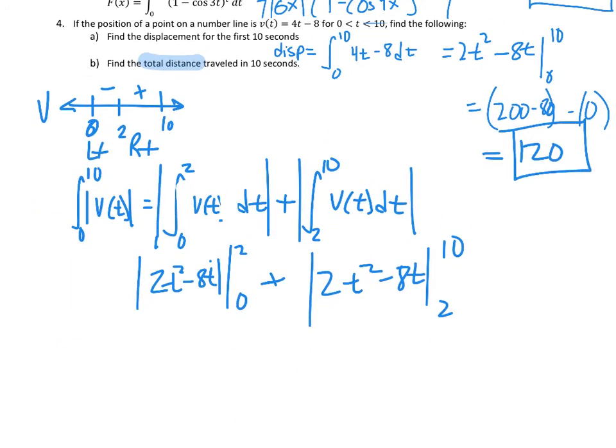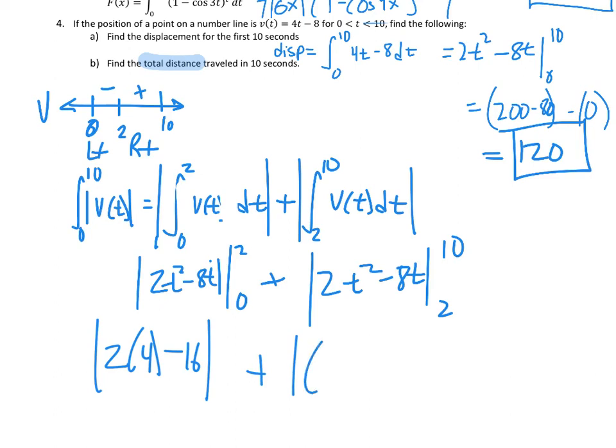So we plug in 2 here, you get 2 times 4 minus 16, but we're going to take the absolute value of that. Here, plug in 10, and then minus 0, right? So that's going to be 0, but watch out. Gotta remember both.